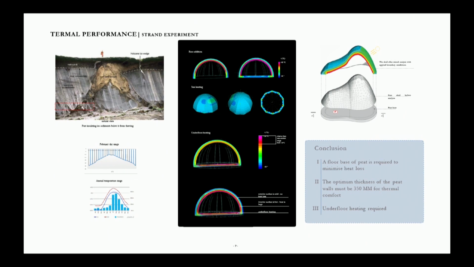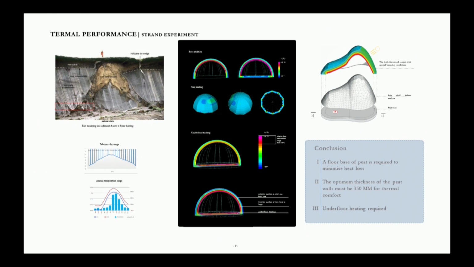So in the first experiment, we observed the impact of the base on the house, which actually increased the thermal performance and decreased the heat loss in the transitional space between the house unit and the ground by up to 40%. Due to low solar gain, the actual sun heating was inefficient.